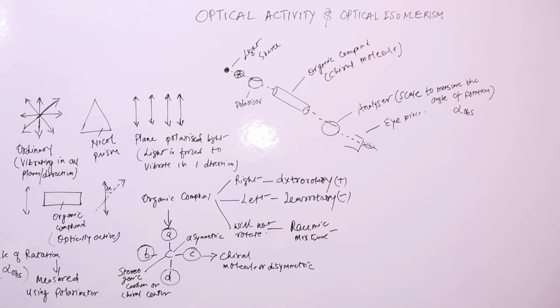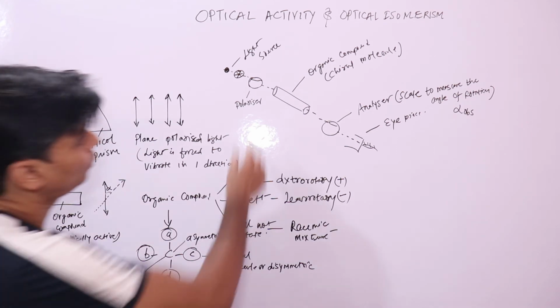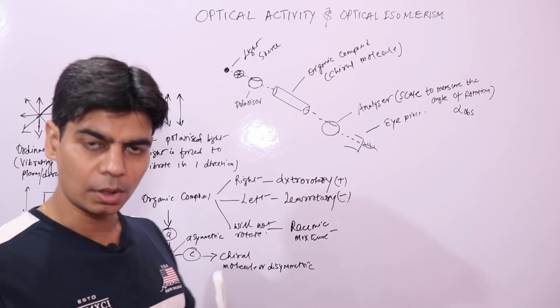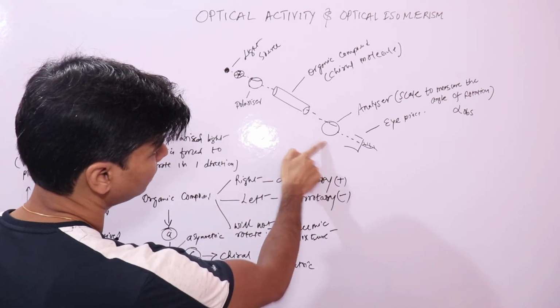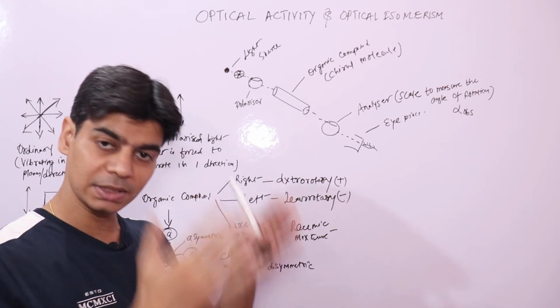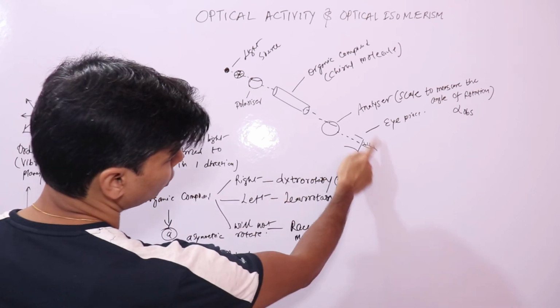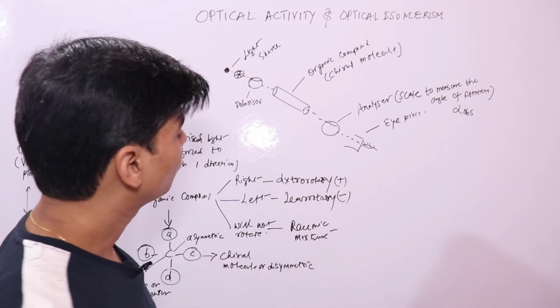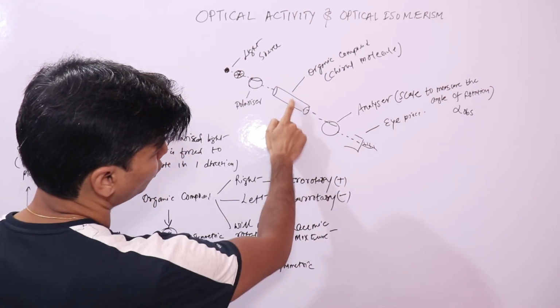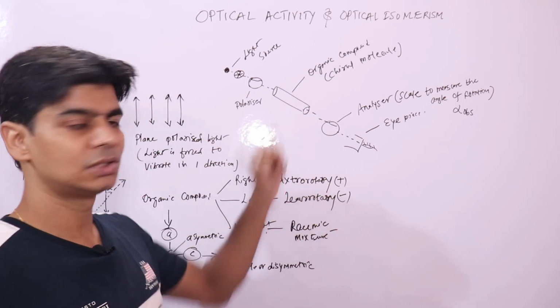Now, in order to measure the angle of rotation, the polarizer and analyzer are first arranged in such a way that no light reaches the eye. This polarizer and this analyzer are first kept exactly parallel so that no light is observed by the person here. Now, we will pour the organic compound in this tube.